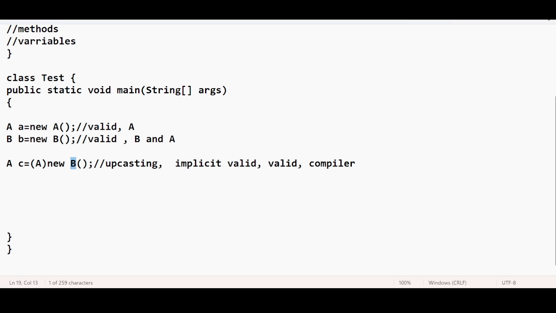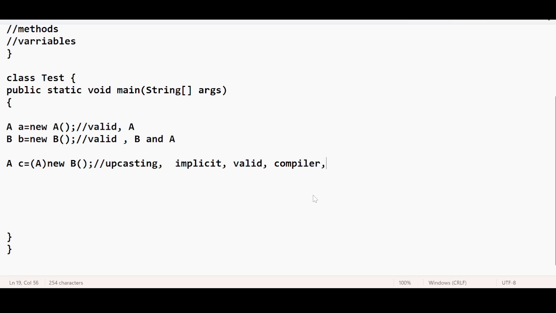It is a balanced state. The compiler is taking care of that. It is going to add these things. You don't see this, but these things are happening internally. This part is called upcasting. Valid, implicit. It will happen implicitly. It is a valid one. If you forget to take care of it, it will be taken care of by the compiler.